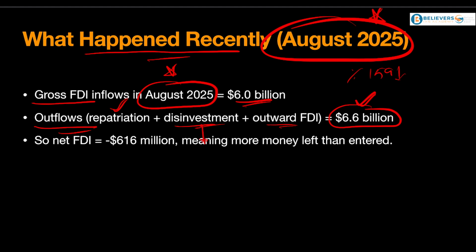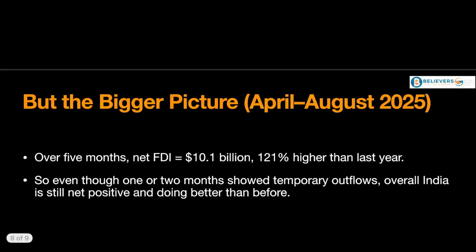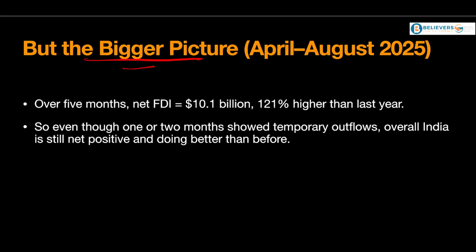Foreign companies thought of disinvesting and sold their stakes, or took out profits, and some Indian firms also invested outside India. So that was too high, $6.6 billion. And so the net FDI for that particular month is minus $616 million, meaning more money left than what actually entered.